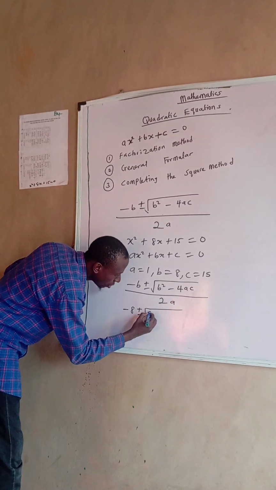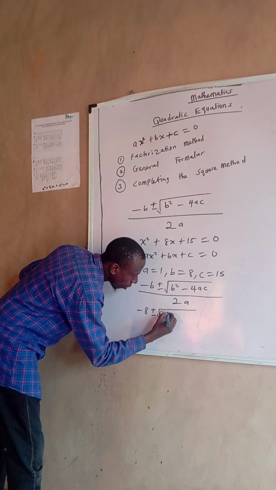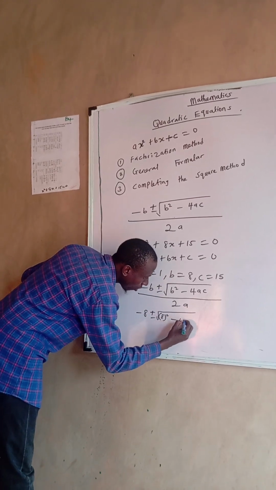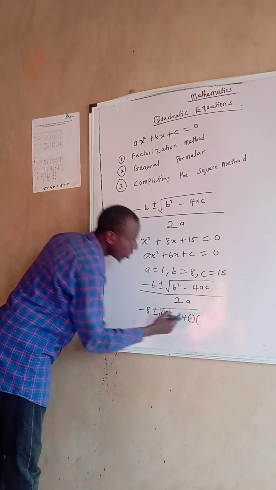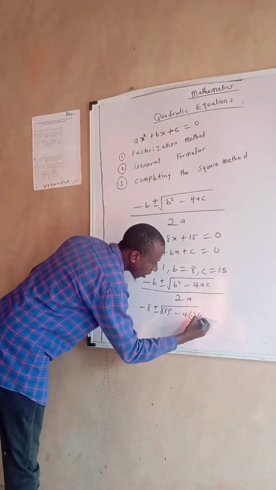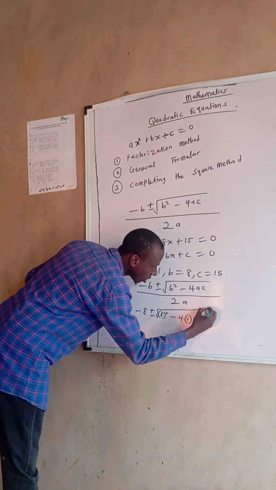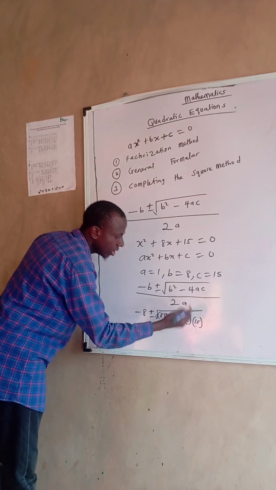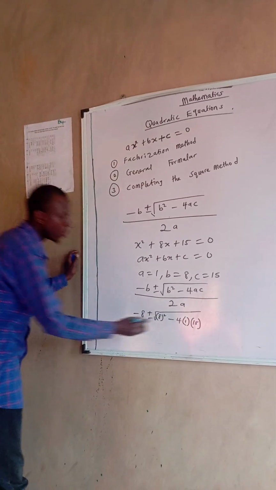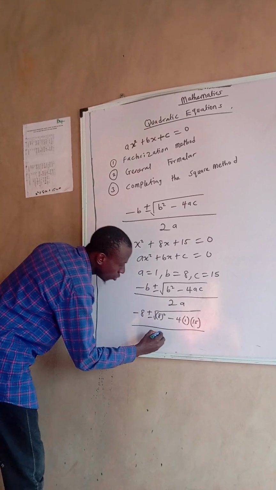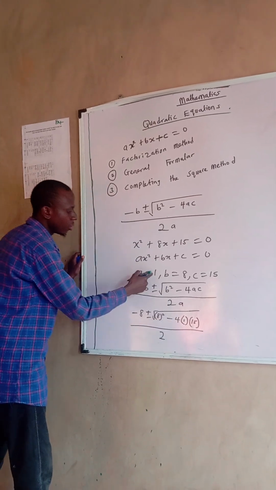Our b is 8. That will be 8 squared minus 4 into, what is the value of a? 1. c, 15. Don't forget, a bracket is the same thing as multiplication. When you open a bracket and close the bracket, it's the same as multiplying certain numbers together. So, all divided by 2 times, what is our a? 1.